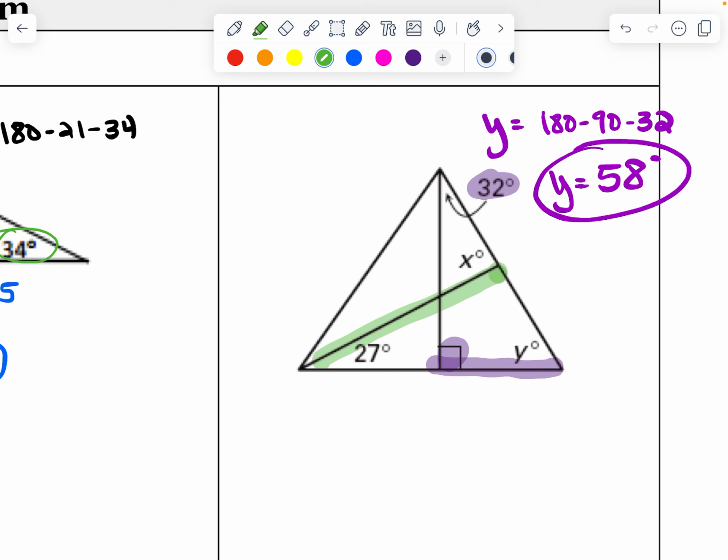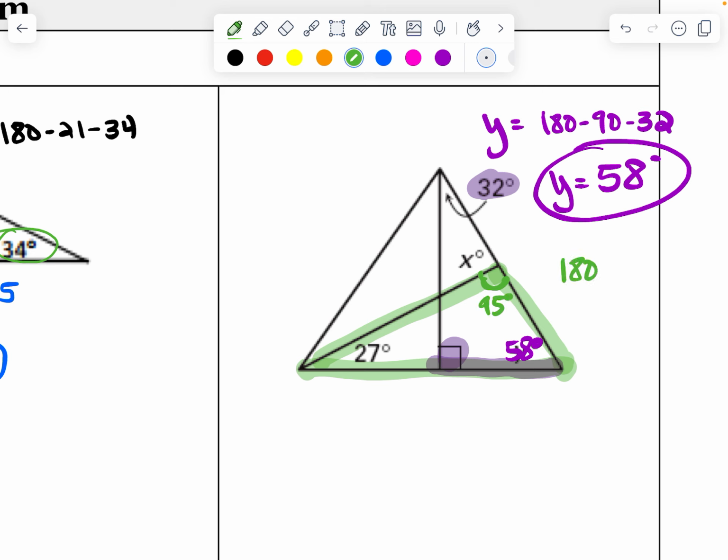This triangle, I know that y is 58. So I can figure out this angle right here. So 180 minus 58 minus 27 is 95. That guy's 95 degrees.